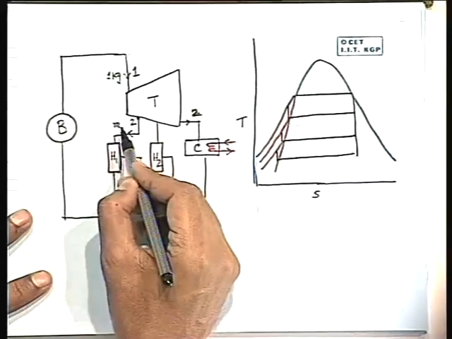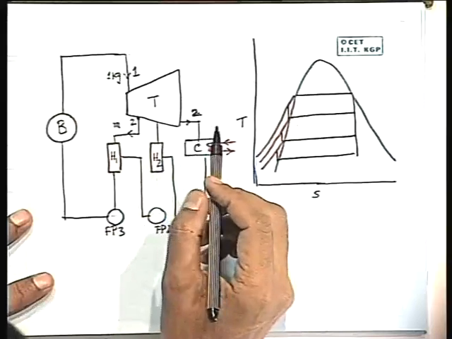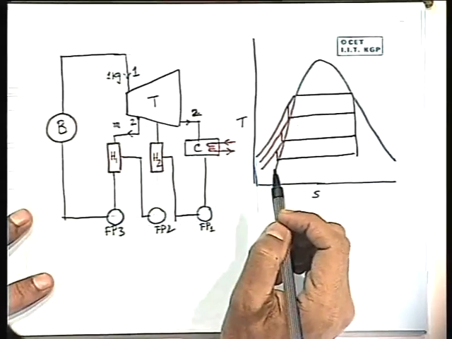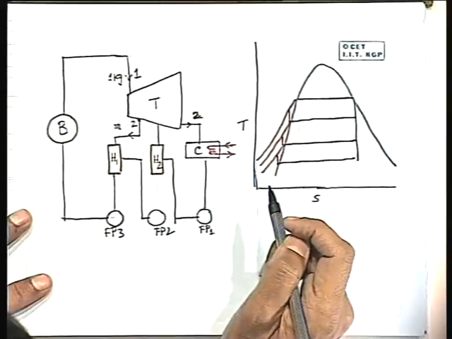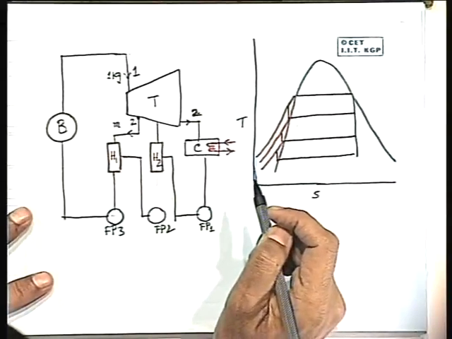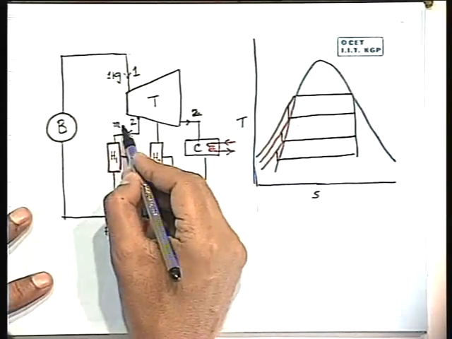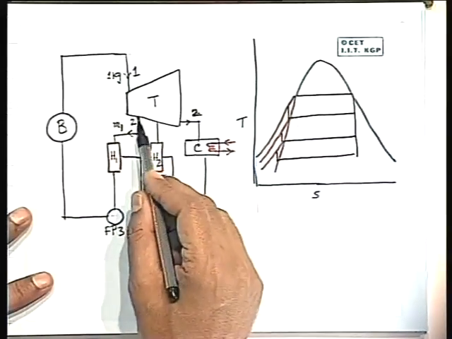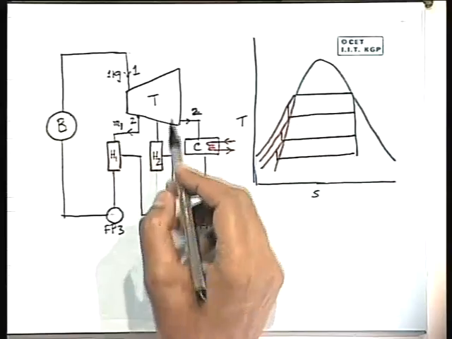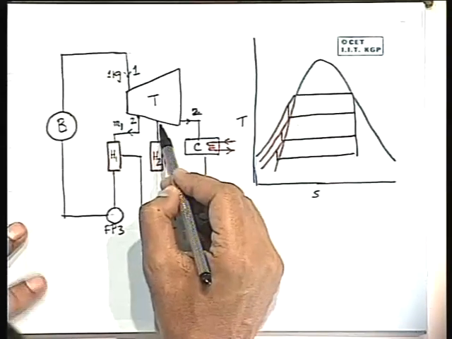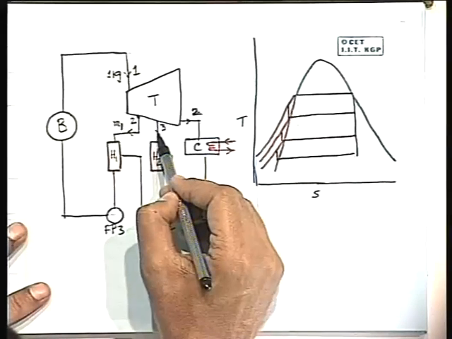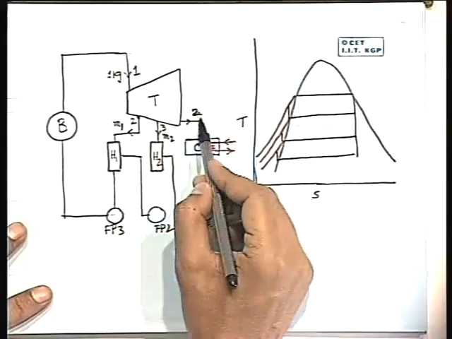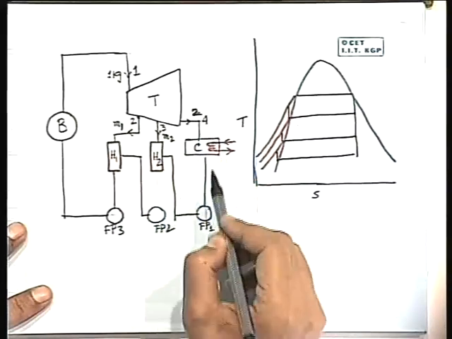Let this mass be M1, which is being bled from this point 2. Now, let the steam expand to another point 3, where another amount of mass, that is M2, is being bled. Then the steam expands to the condenser pressure 4.